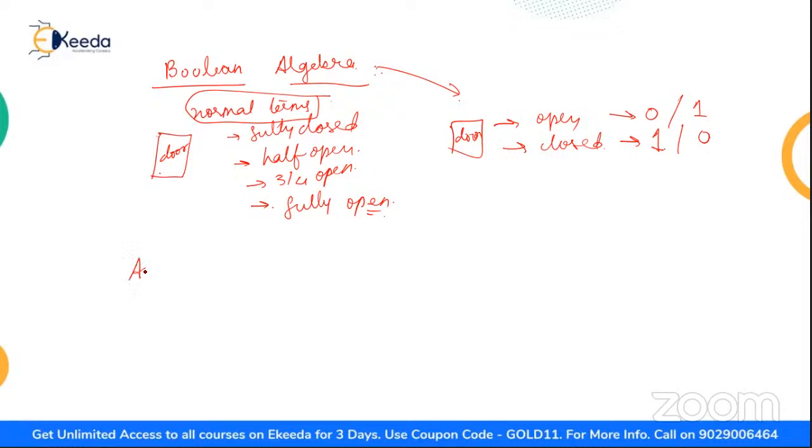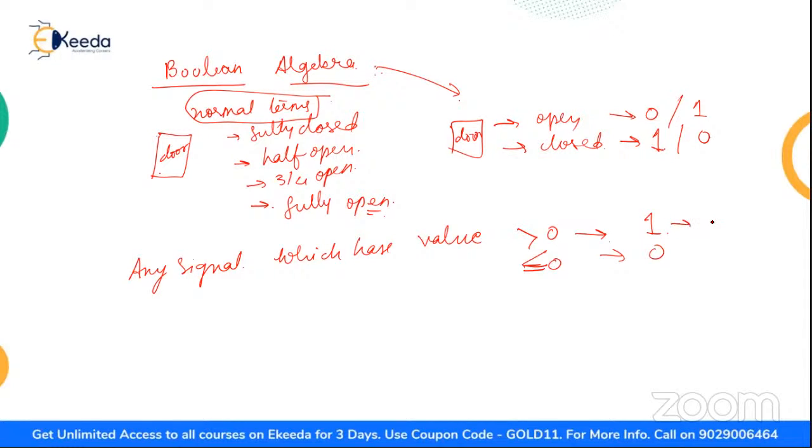So any signal which has value greater than 0 is denoted as 1. Which has value equal to or less than 0 is denoted as 0. Okay, this 1 is called a high signal, 0 is called a low signal.